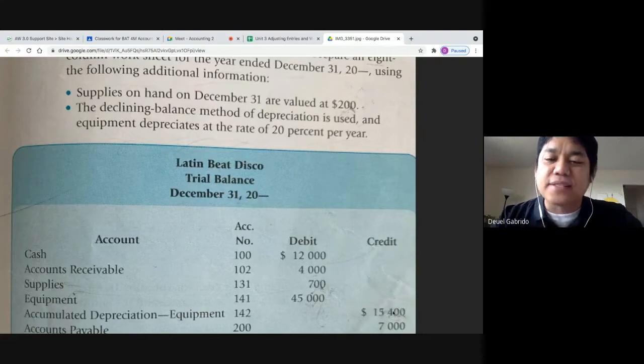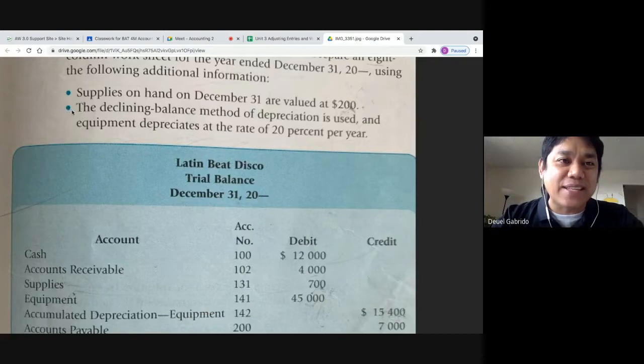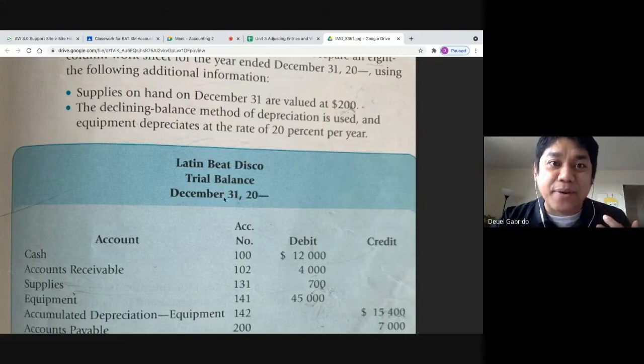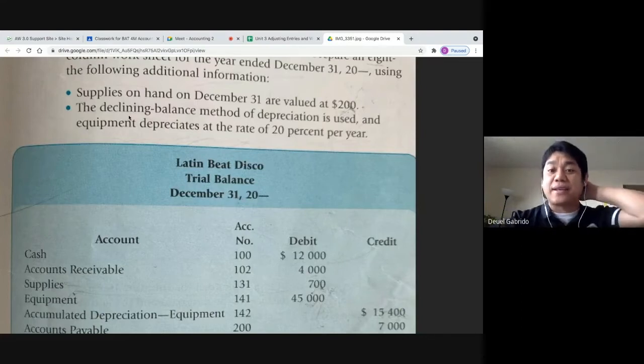Our problem now is the second bullet. We need to calculate because it decreased already probably last year. This is the total decrease. Our focus now is how much would be the decrease this year from January to December 31. So I'll teach you how to calculate that.